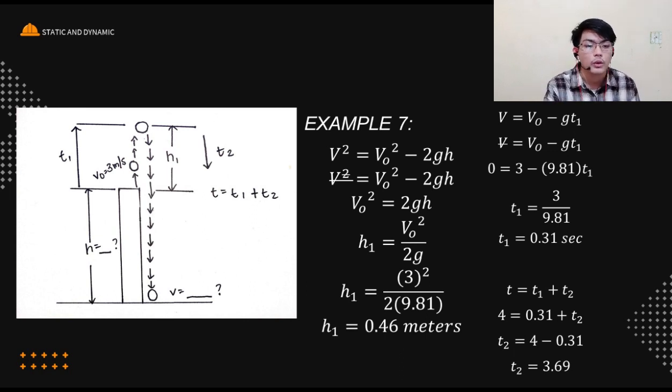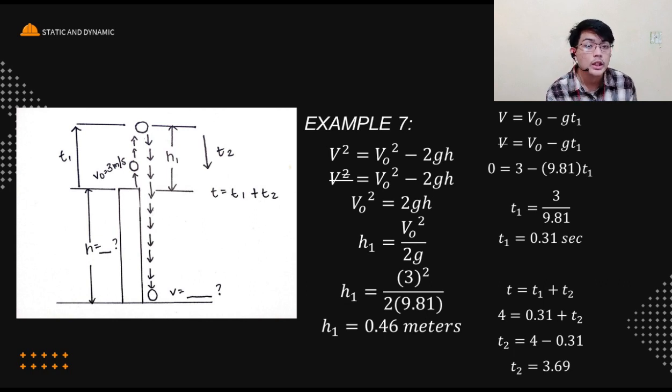So now we have 0 equals 3, which is our initial velocity, minus our gravity, which is 9.81, times t1. To find our first time, we move our 9.81 multiplied by t1 to the left side, turning its negative sign into positive.